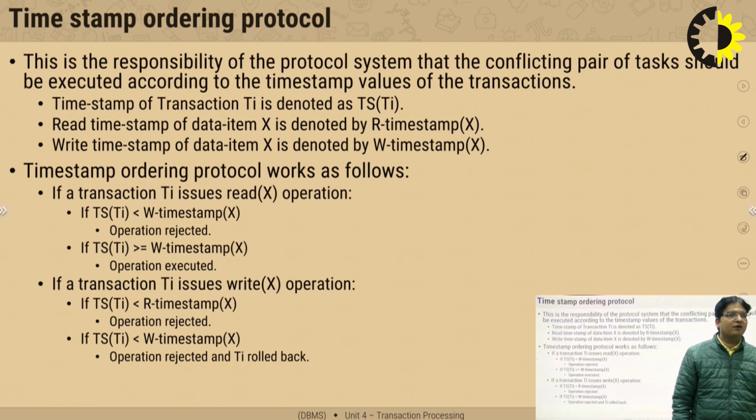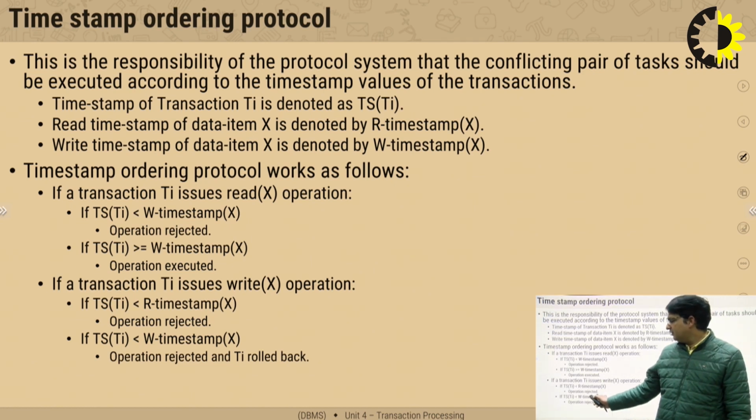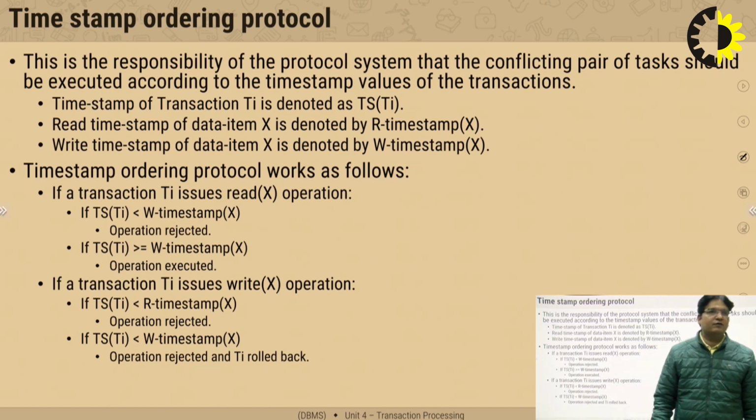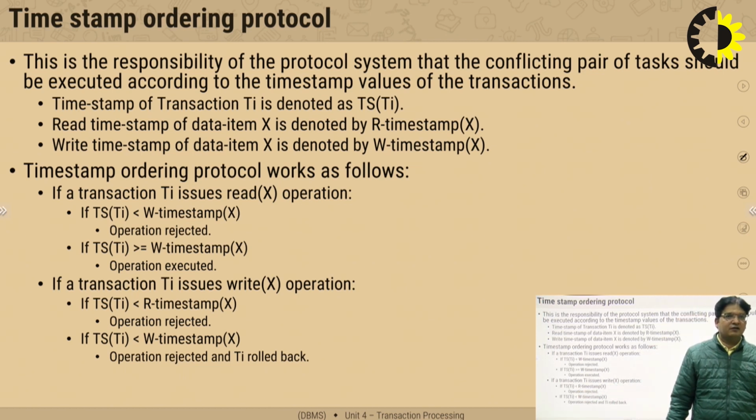Again the operation will be rolled back in the second condition also, because a younger transaction has a larger timestamp value, so naturally it will be rejected. The last condition is when TS(Ti) is greater than or equal to the write timestamp value, then the operation shall be successful. Now this is all about the timestamp value.